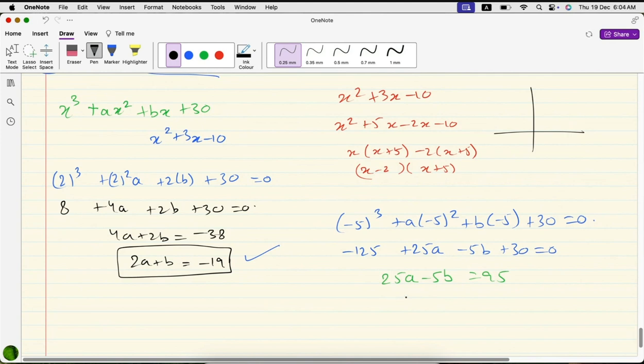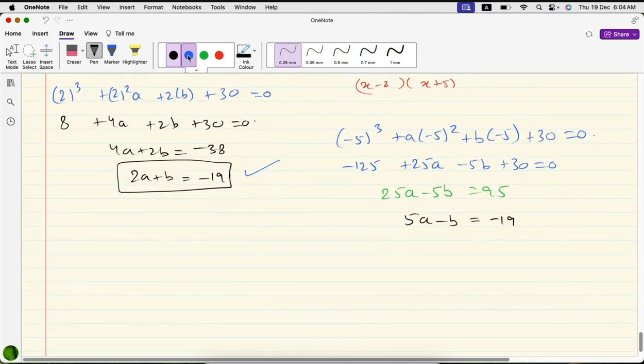Divide the whole equation by 5, as 5a minus b equals minus 19. 2a plus b equals minus 19, and 5a minus b equals minus 19. Simply adding them, this is 7a equals minus 38.